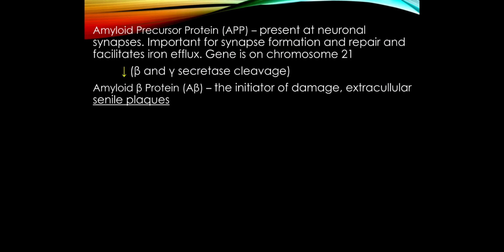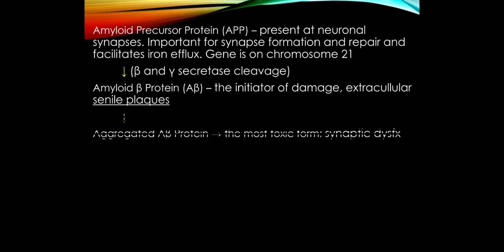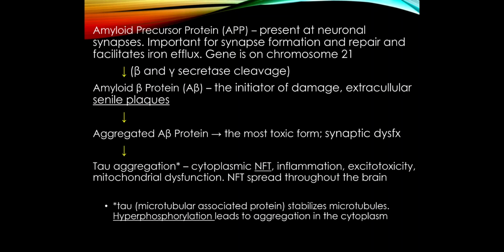And so remember, this is what is present in the senile plaques. Remember, those are extracellular. They kind of sit around the neuronal synapses and so cause dysfunction of how neurons communicate with each other. And particularly when the amyloid beta proteins aggregate, and we call this the aggregated amyloid beta protein, this is the most toxic form of the amyloid beta protein and is most responsible for the synaptic dysfunction.